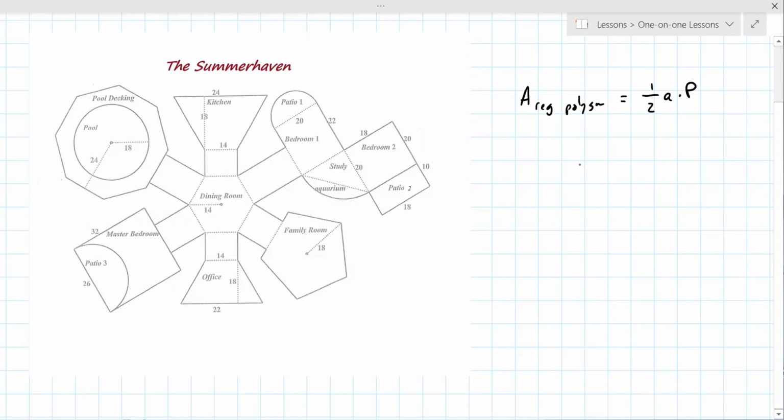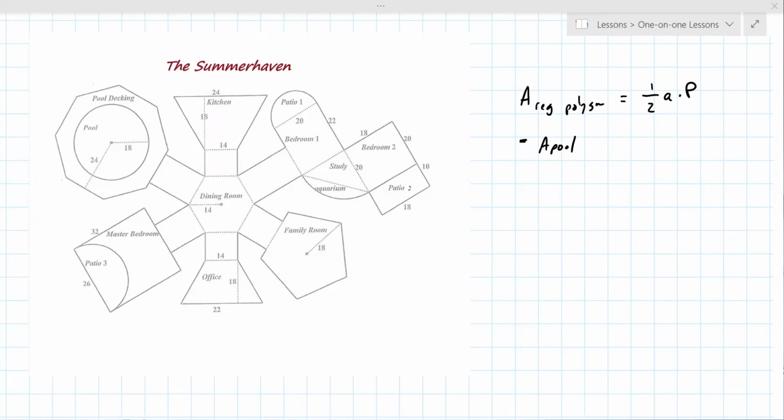So we're going to start with that, but you also have to subtract out the area of the pool to get that. So the formula is the area equals the area of the, how do they do it up here?